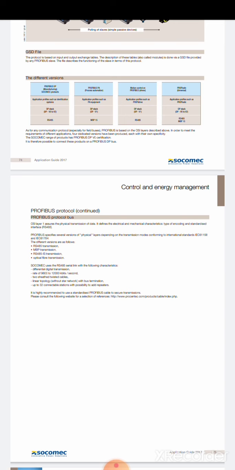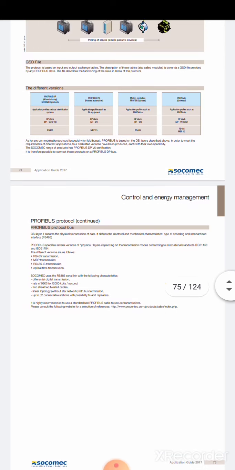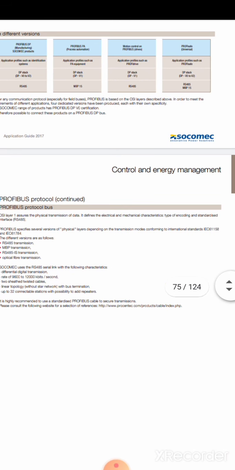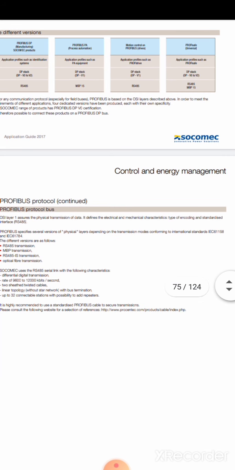Motion control on Profibus drives, with application profiles such as PROFIdrive, DP stack, DPV1, RS485. PROFIsafe, with application profiles such as PROFIsafe.